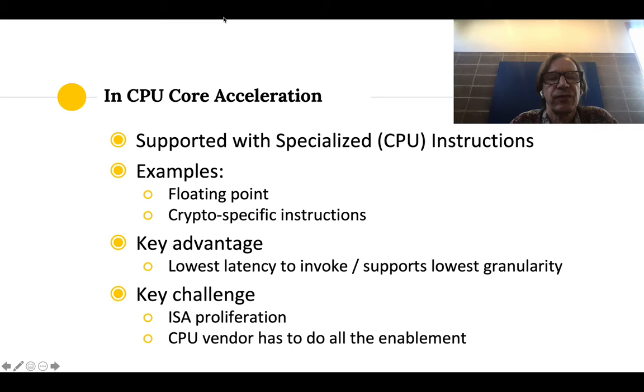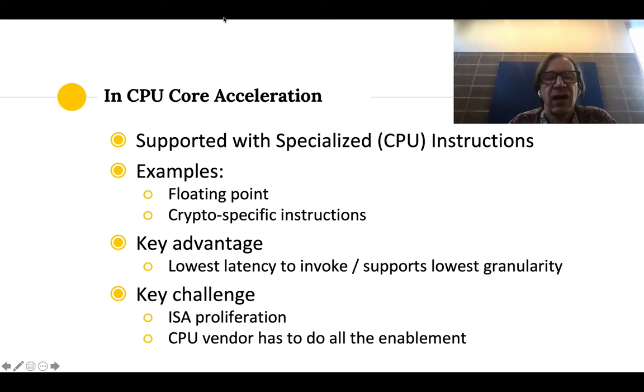And you're familiar with these: floating point instructions, SIMD vector instructions, crypto-specific instructions within the CPU are all examples. A key advantage is that integrating it with the CPU itself is the least latency to invoke a general purpose accelerator. And because it is the lowest latency, it supports the lowest granularity.